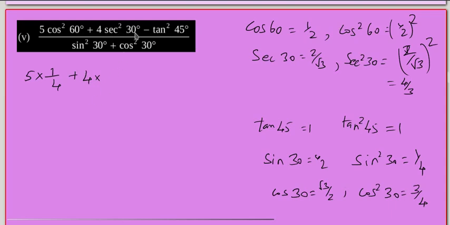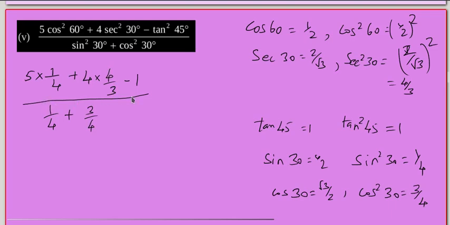So 4 into secant square 30. Secant square 30 is 4 by 3. Minus tan square 45 is 1. Divided by sin square 30. Sin square 30 is 1 by 4. Plus cos square 30 is 3 by 4. Okay, so everything is in the fractional form.